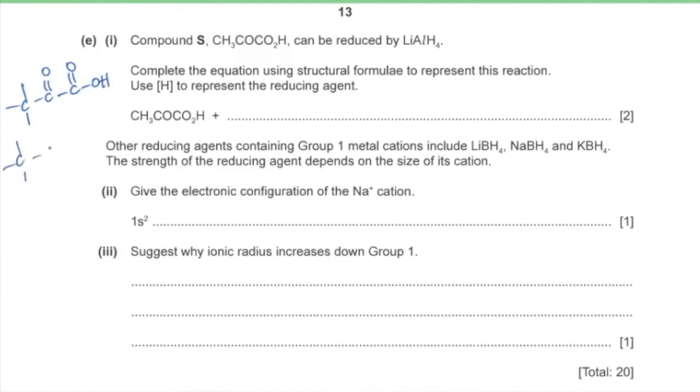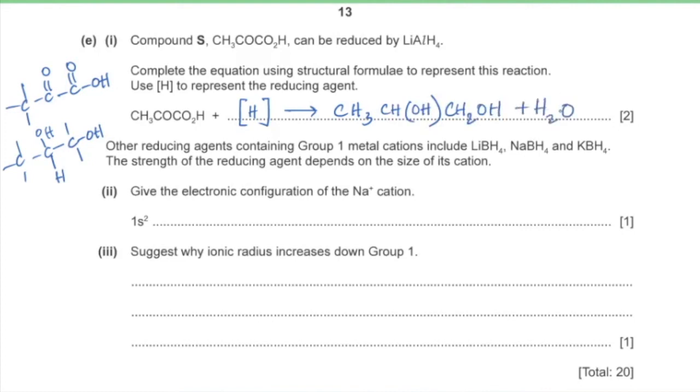So this becomes CHOH, and this gets a hydrogen over here, and COOH will reduce to a primary alcohol, thus it would be CH2OH. So this one reacts with the reducing agent. We get CH3, CH that has a secondary alcohol group, and CH2OH. Now to balance our equation, we will add a water molecule to this side and a 6 over here.